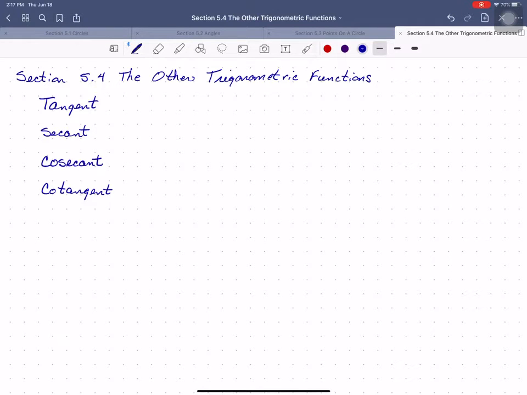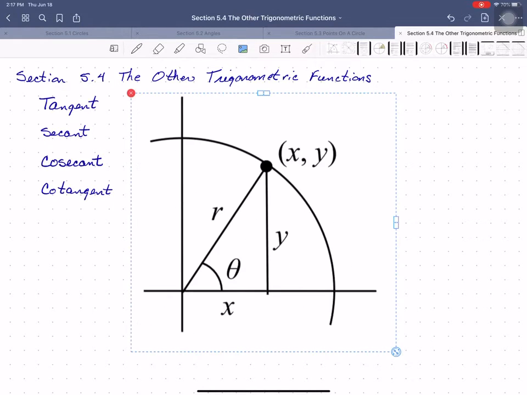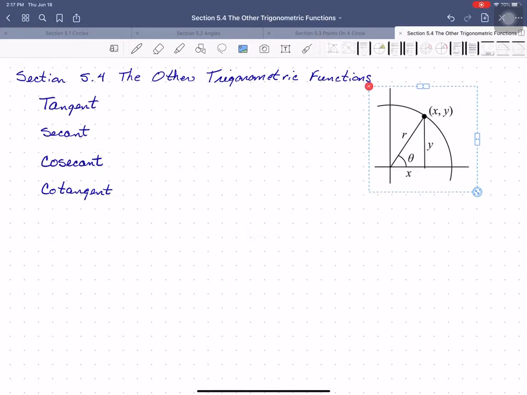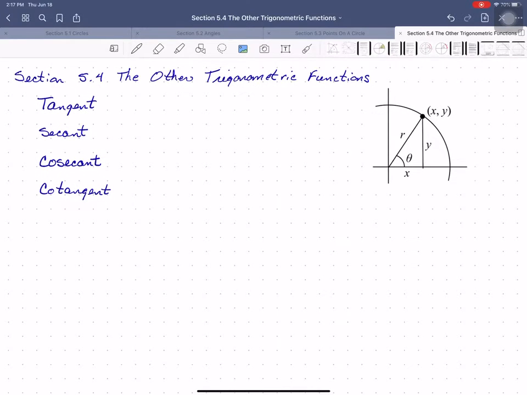So let's think about our point on our circle. And what do we know? Well, we know that x over r equals cosine theta, and y over r equals sine theta.